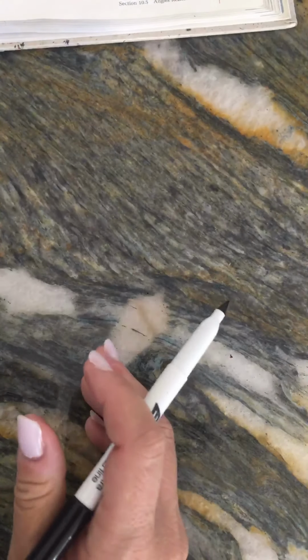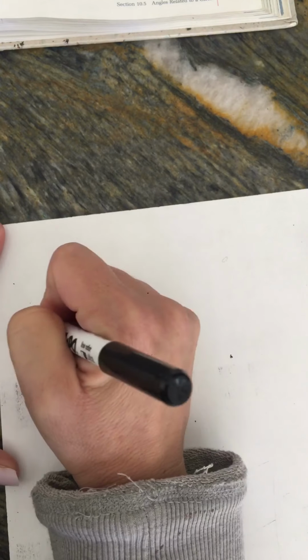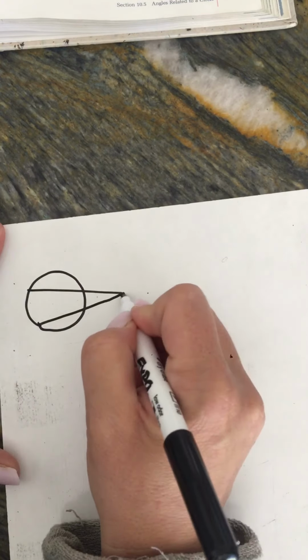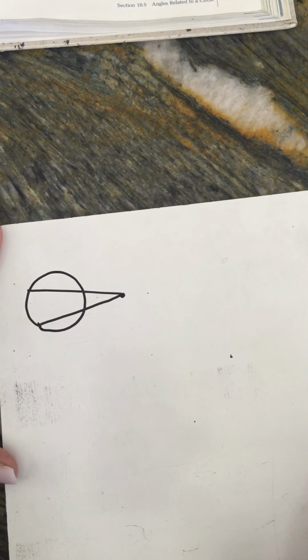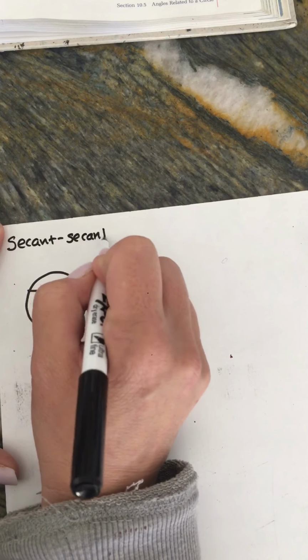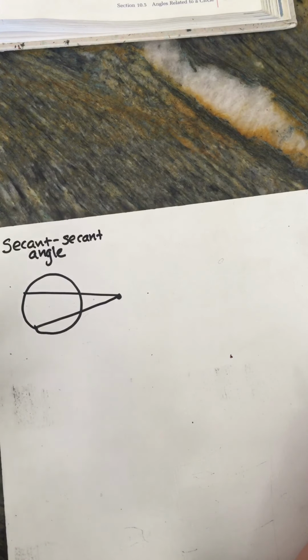Okay, so let's say that our vertex is now off of the circle. So let's do two secants. We'll do a circle, and we'll do a secant and a secant. So now the vertex is off. This is a secant angle. Okay, we have two intercepted arcs.